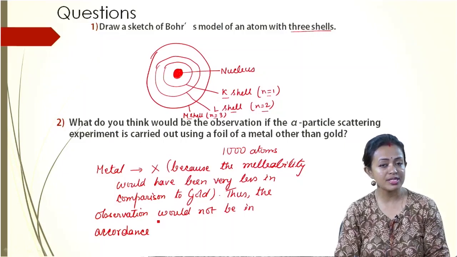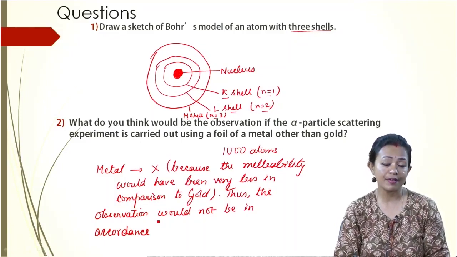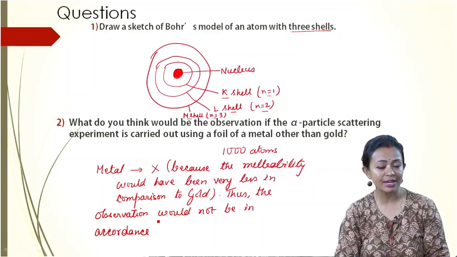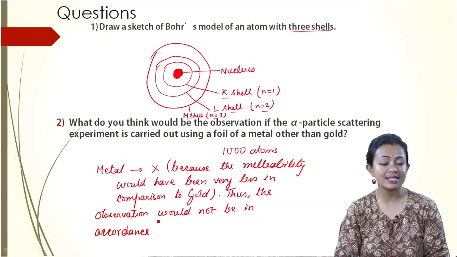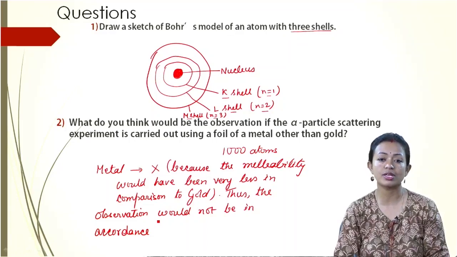But we had already seen that Rutherford's model had certain drawbacks. If electrons are revolving around the nucleus, then gradually they are going to radiate energy, that is lose energy, and as they lose energy they would become weak and finally collapse into the nucleus, which does not happen at all.